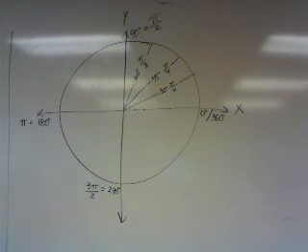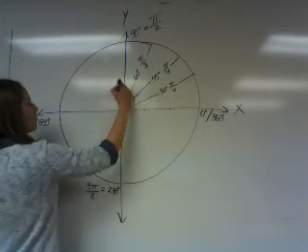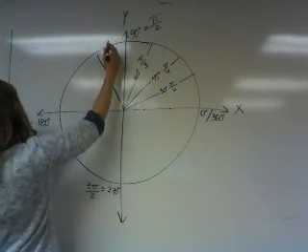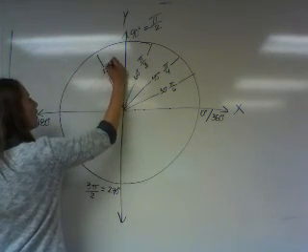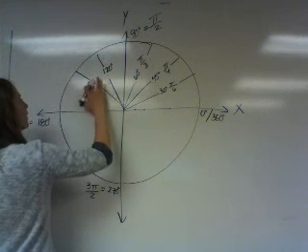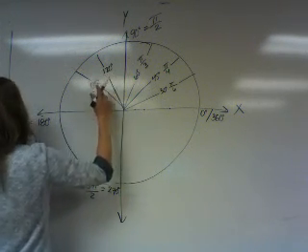Okay, so we're going to do basically this whole circle. So you have the 90 degrees here, then you have 120, 135, 150.